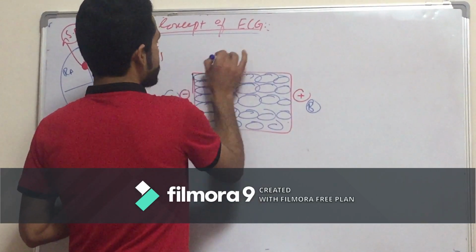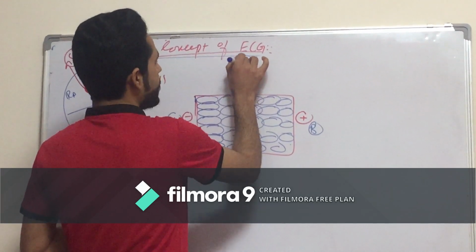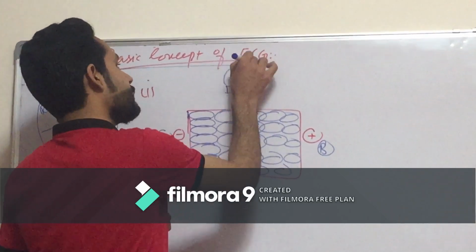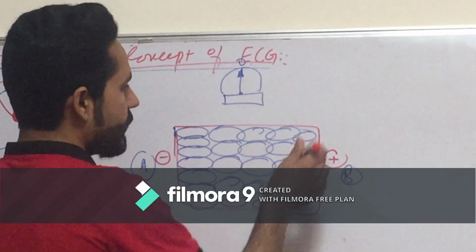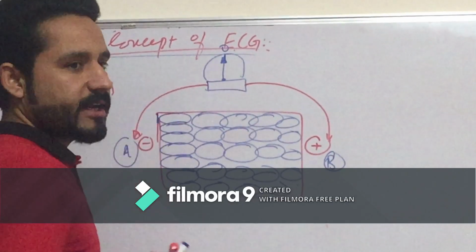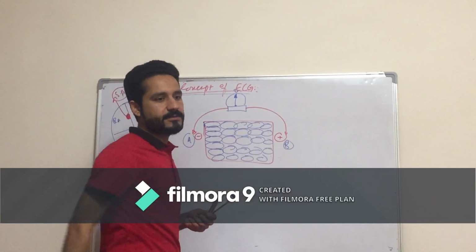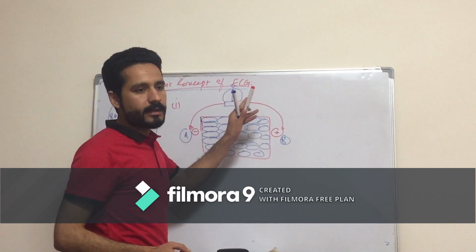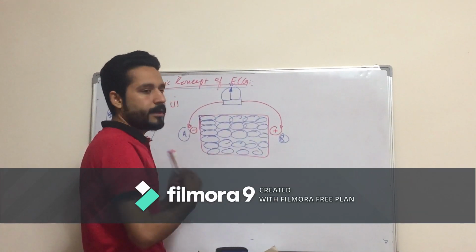There is a galvanometer with a needle which is usually in the center at the zero position. There are two electrodes, one positive and one negative, connected to the myocardium to record all its electrical activities, and the galvanometer will show the deflection towards the positive side or towards the negative side.